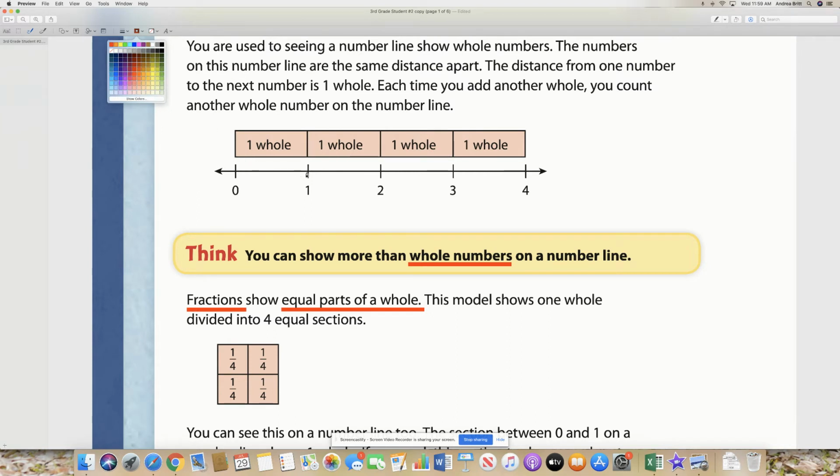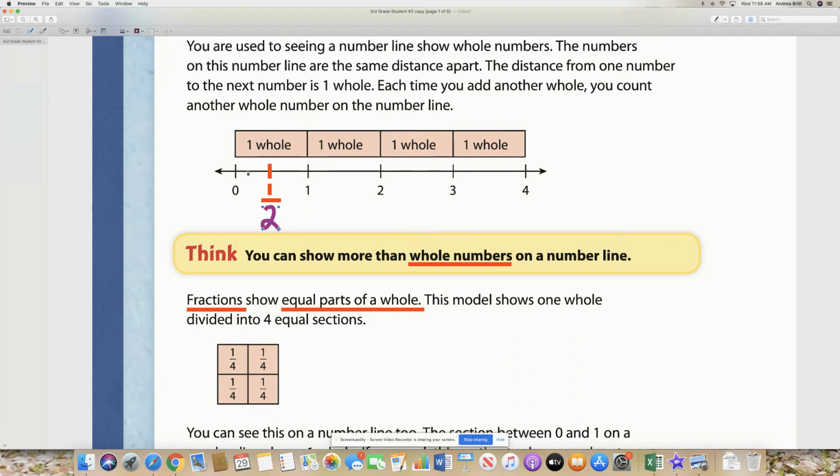So here's 0 and 1. What is in the middle of 0 and 1? The fraction that's in the middle of 0 and 1 is 1/2, because there are two equal parts, one part and then the second part.